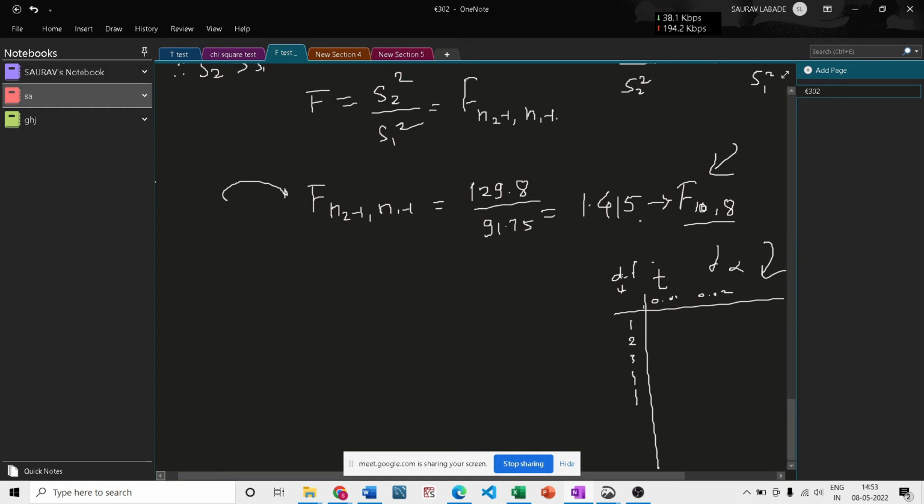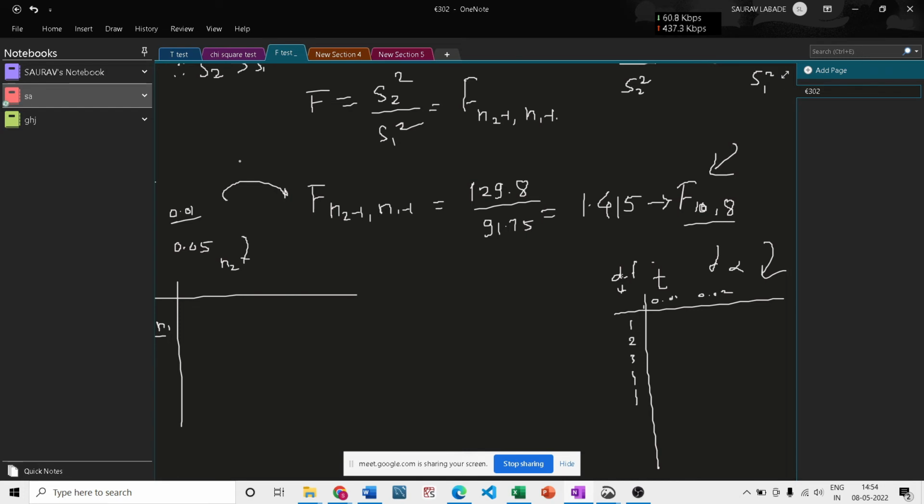How do we find the values in the F table now? Here we have 2 degrees of freedom, right? So on this side they have given the value of n1, and here they have given the value of n2, and they have given this table for 0.05 and another table for 0.01, right? Then you can simply find the particular table value.